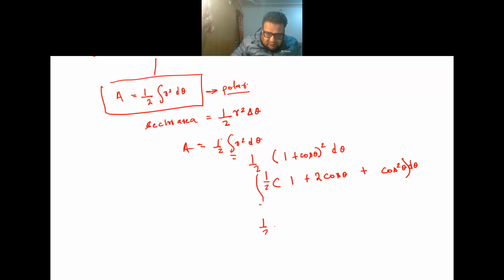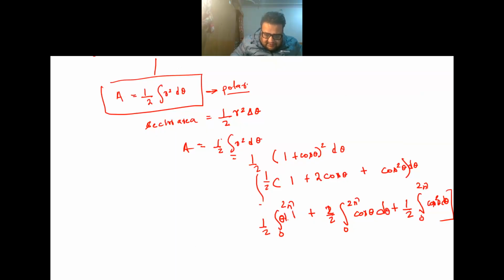So half of theta with limit 0 to 2 pi, plus half of 2 will come out, integral 0 to 2 pi cos theta, then plus half of integral 0 to 2 pi cos square theta d theta. This is how I break down the integration. Here also I'll write d theta, and here it was d theta only. So d theta, I put the limit, it becomes theta. So this is half, 0 to 2 pi.